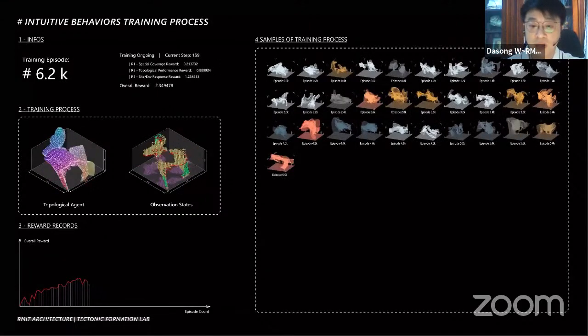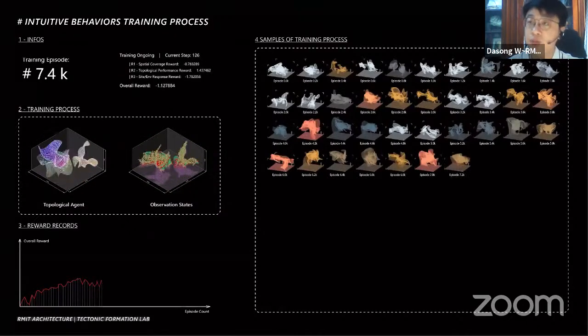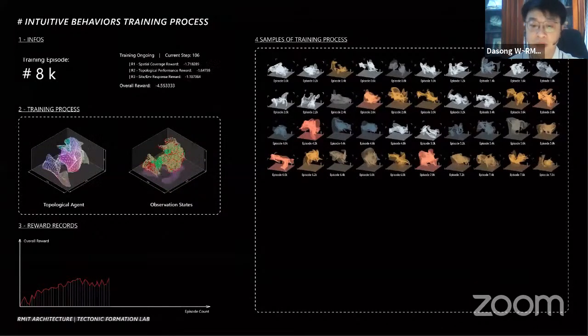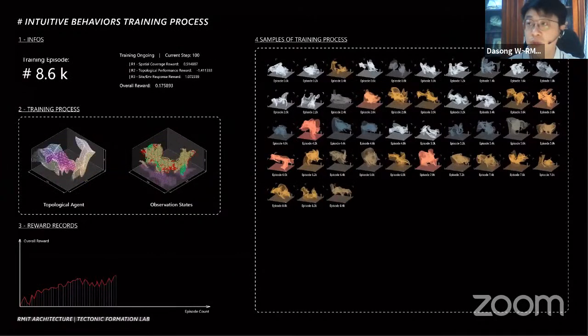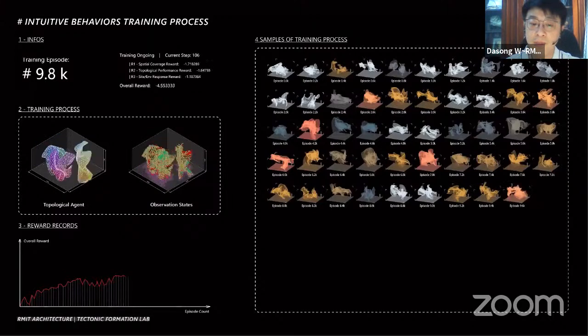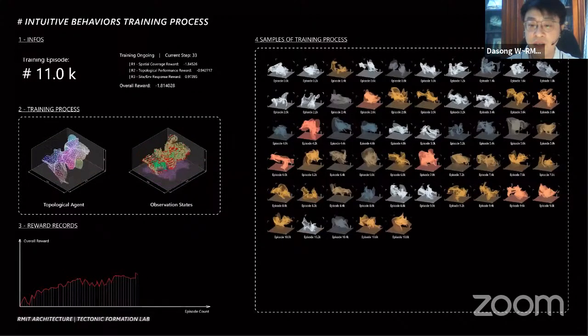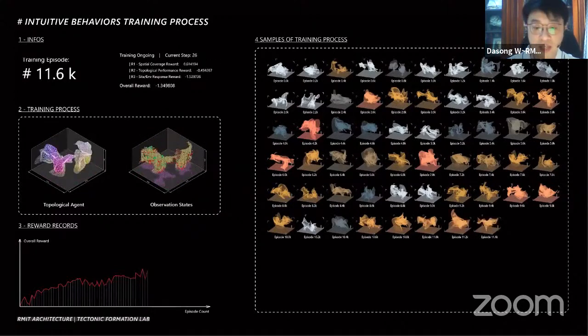In the red square, there are training samples randomly recorded every 200 episodes, and they are colorized from blue to red, representing poor to good generative performance. As the training proceeds, the reward value is significantly increasing with minor fluctuations.